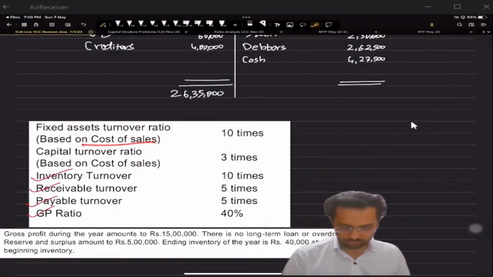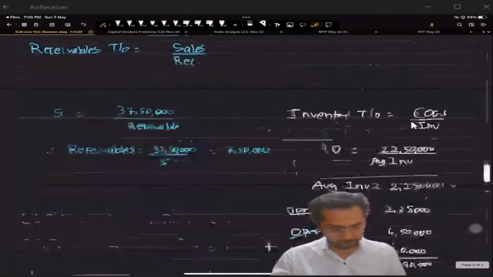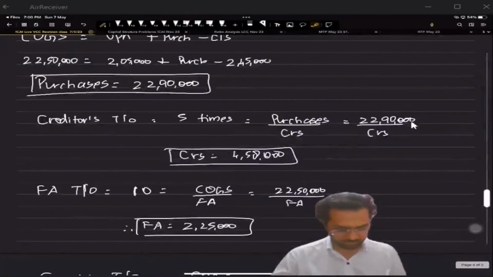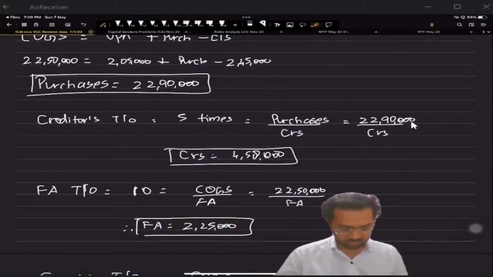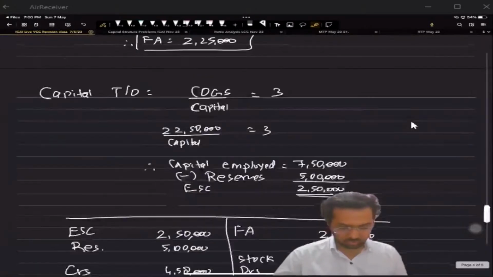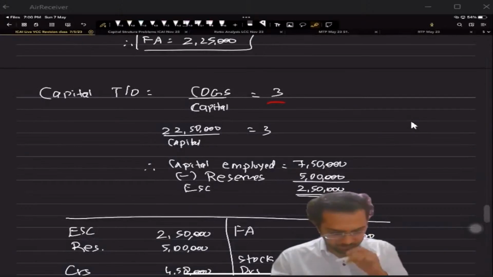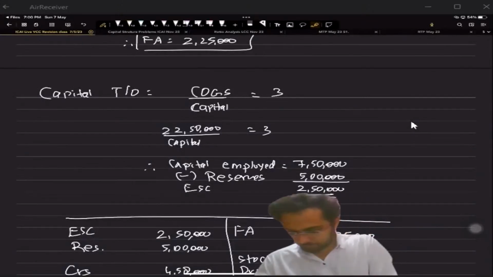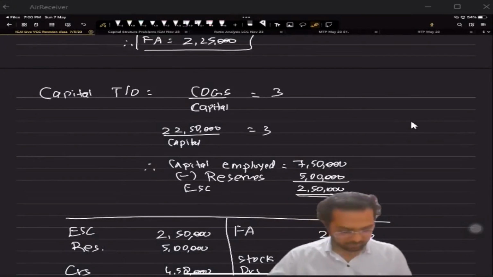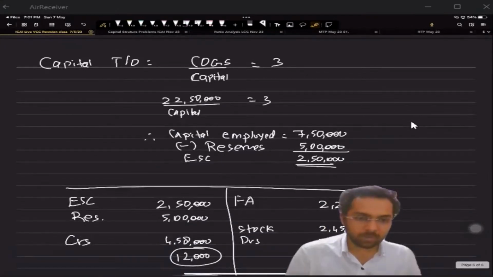Yeah, based on cost of sales. So based on cost of sales, you have the fixed asset figure as 2 lakh 25, and then COGS divided by 3, 22.5 divided by 3, which is 7 lakh 50, and you have the equity share capital.